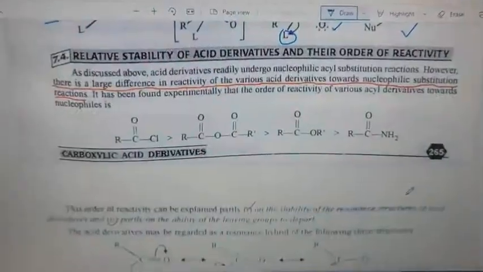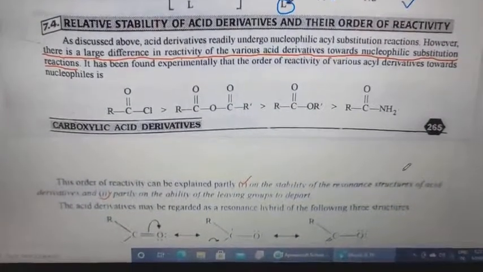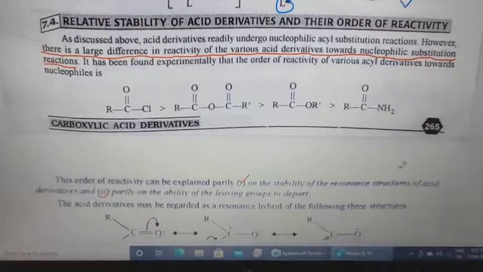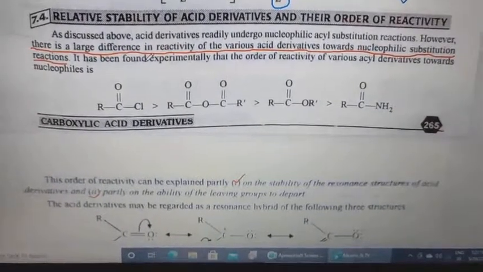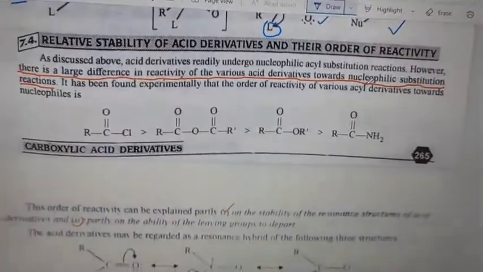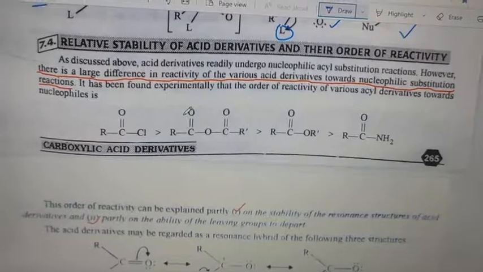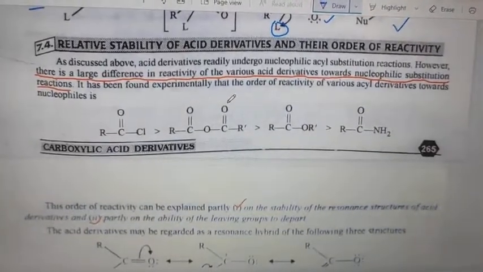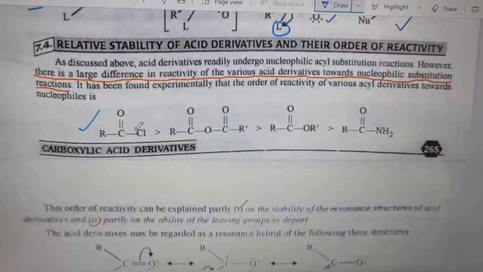The next topic is the relative stability of acid derivatives and their order of reactivity. As there is a large difference in reactivity of various acid derivatives toward nucleophilic substitution reactions, it has been found experimentally that the reactivity order is as follows.